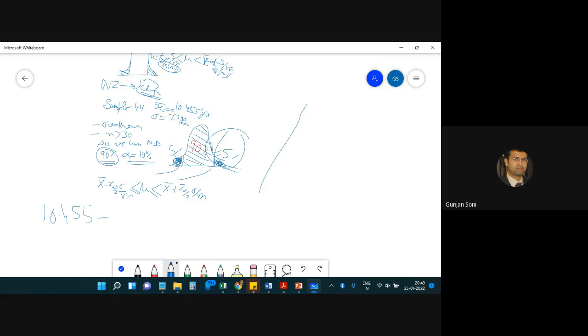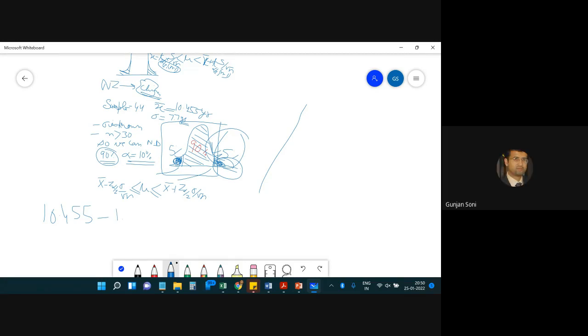See, this 5% means this area is 5% and this area is 95%. So we look for the Z value corresponding to where the area is 0.95 or approximately 0.95. So 1.65. 1.65, right?